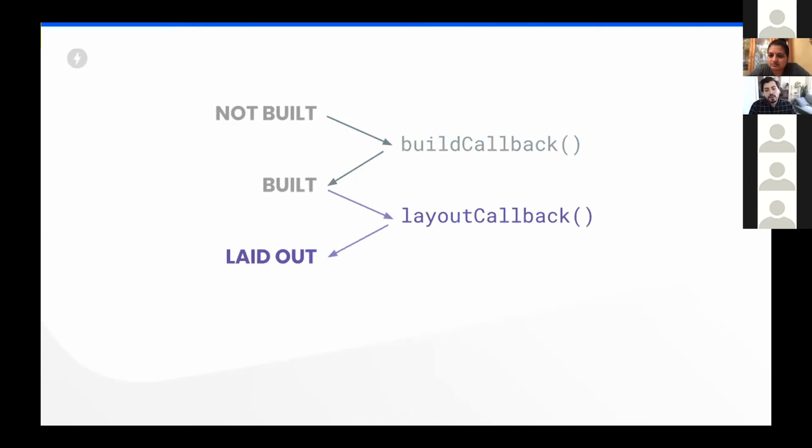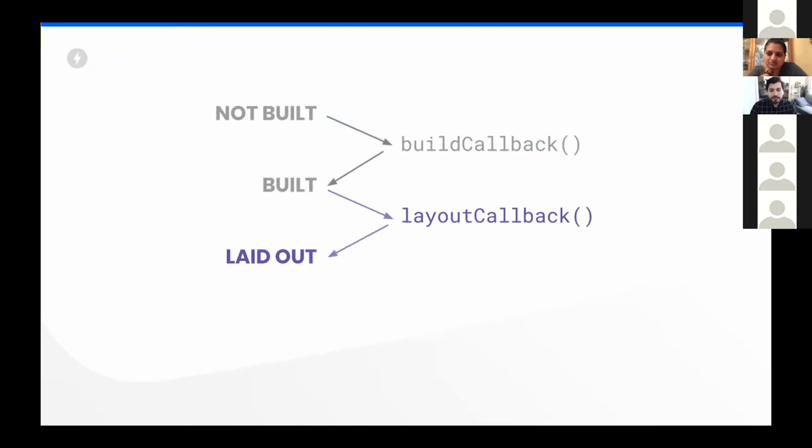Layout callback is called when the runtime thinks that your component is ready to load external resources. The way it makes this decision is that it waits for the component to be close to the viewport or inside the viewport. So for example, if your component is in the first viewport when the page loads, then your layout callback will be called almost immediately as soon as your extension loads.